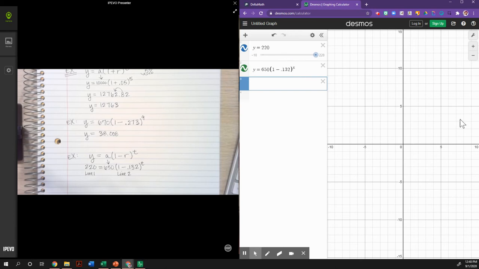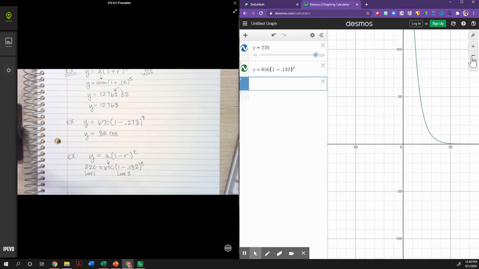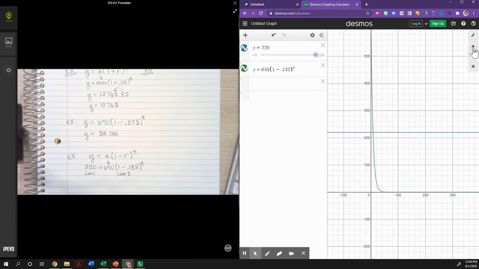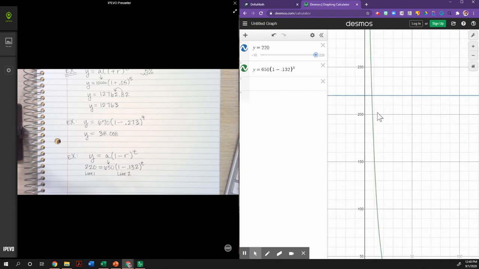So you've drawn this picture and I don't see it. Zoom out, and then if I zoom right back in, you can see the green line, that's my exponential, the right-hand side. And then line number 2, which is my blue line. They cross right here. So 7.653, that is an x value.